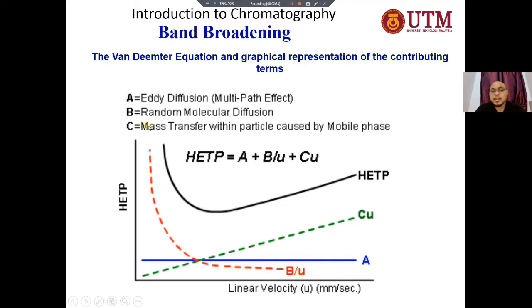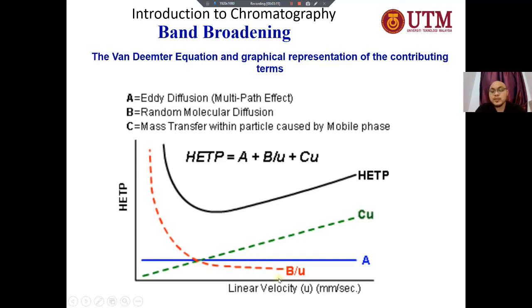On C, mass transfer within the particle: to counter the problem of mass transfer broadening, you need to use a low velocity. You need to use the flow rate at low velocity. So if we look over here, the cross section between all three sources of band broadening is at this point, where you just need to find a good velocity that can counter that, not too fast and not too slow.